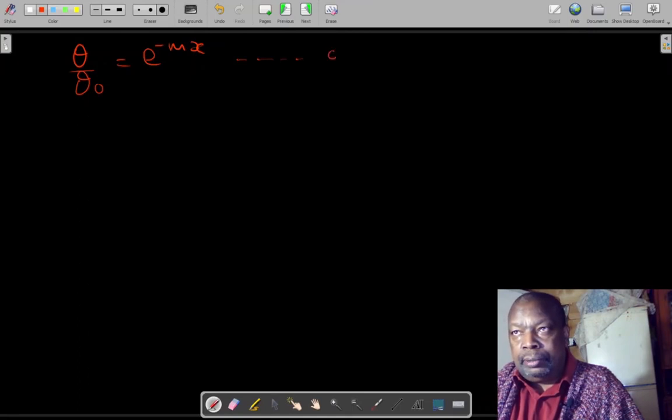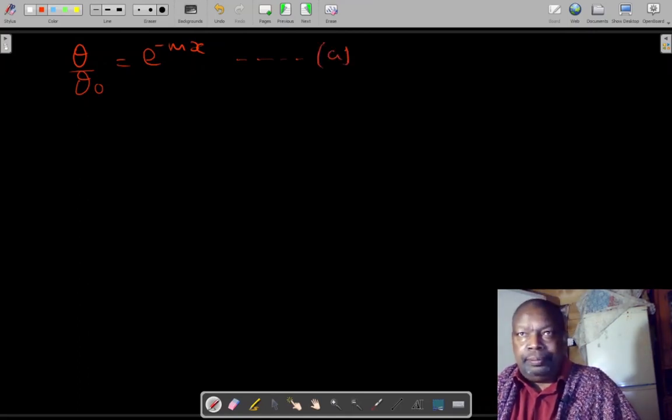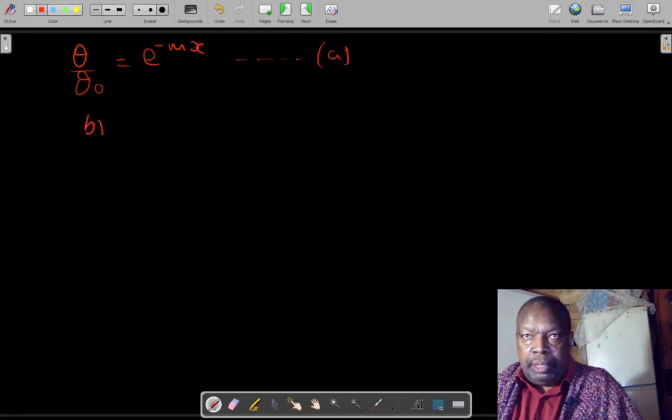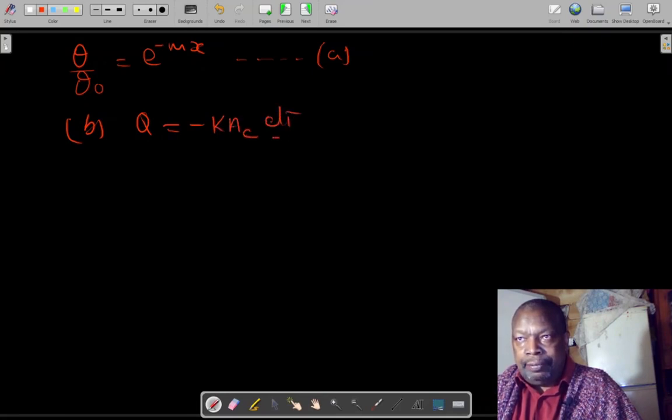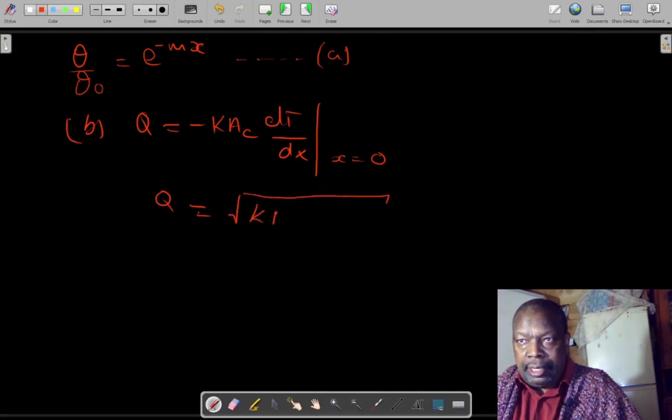So that equation is what was required in our part A. And part B, we're supposed to calculate the rate of heat transferred, and that is given by Q equals minus K A c dT/dx evaluated at x equals 0, and we saw that that is equal to the square root of K A c h P times (T naught minus Ts).